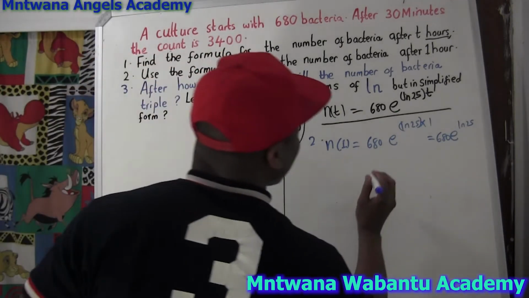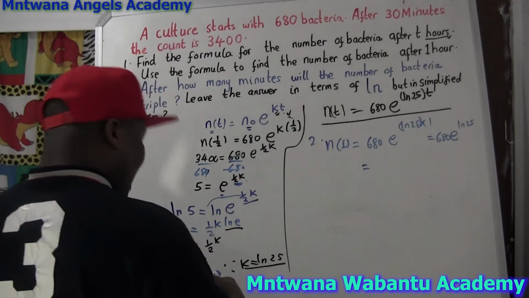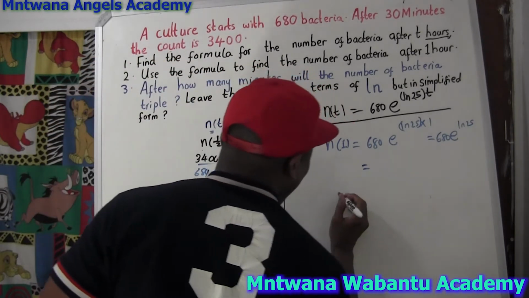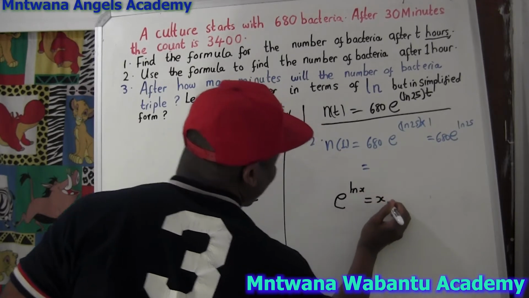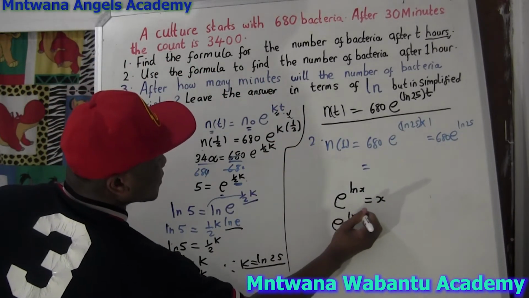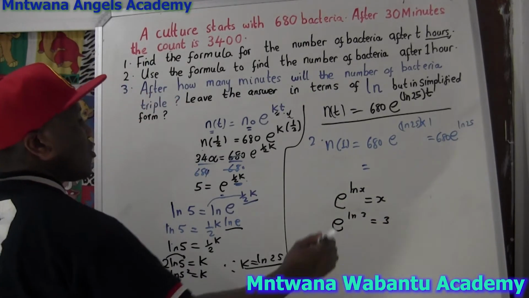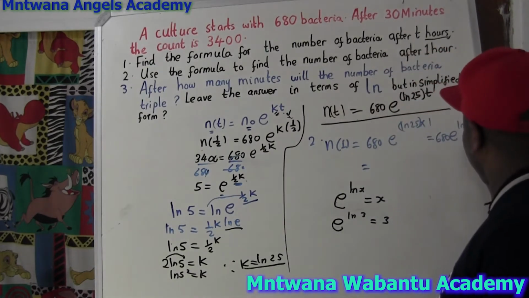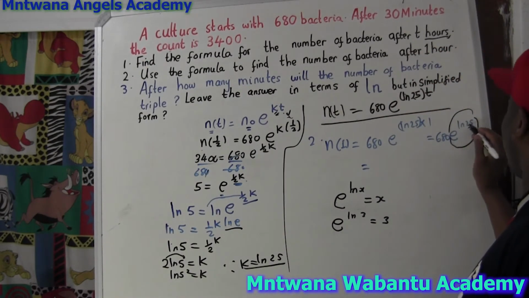Another thing: whenever you have, let's say, e and then ln of x, this is equal to x. If I have e ln of, say, 3, this is equal to 3. So that means this stuff here, see this? It equals 25, because e ln of something gives that something.